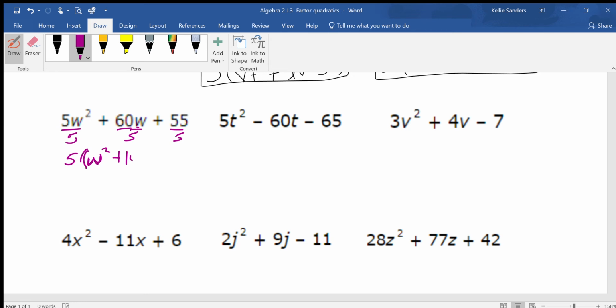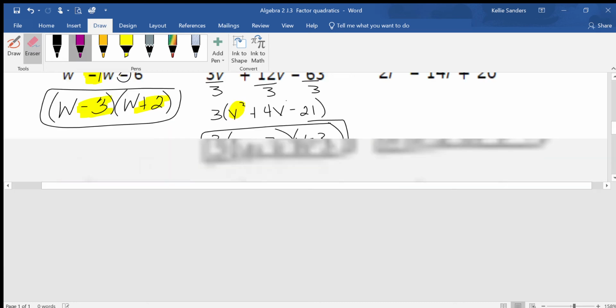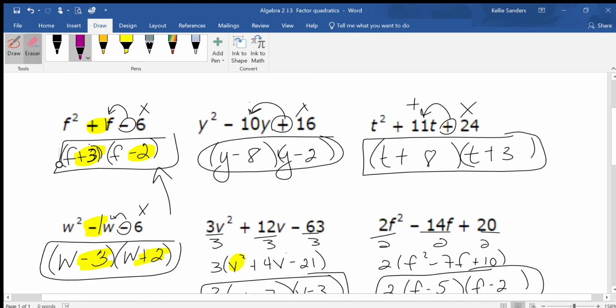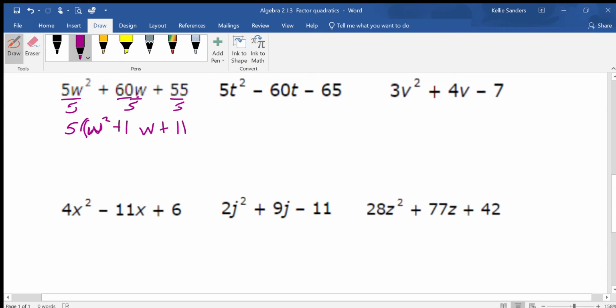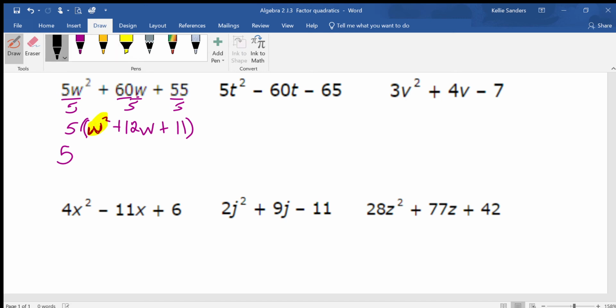14. Not 14. Is it 14? Well, I guess it would have to be 12 if that was 11, wouldn't it? Okay, my bad. I have no idea why I thought that was 14. Okay, so 5, leading coefficient 1. Yep.